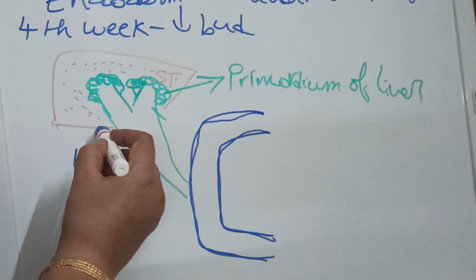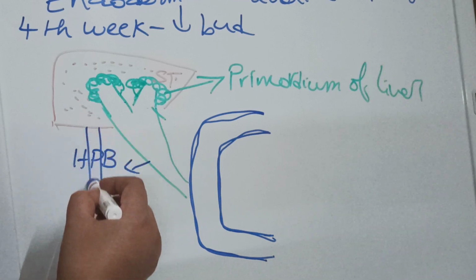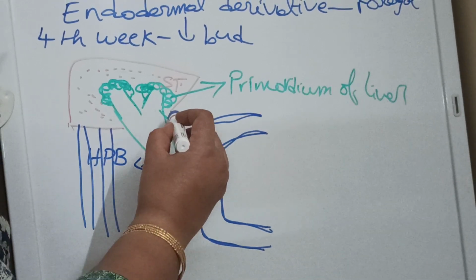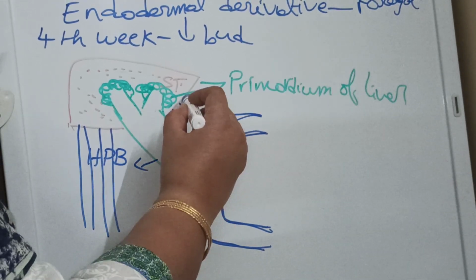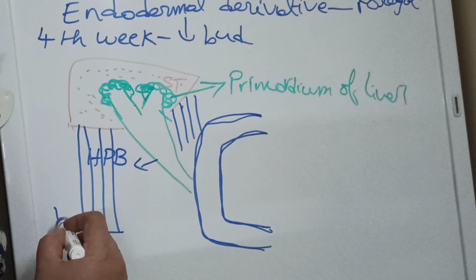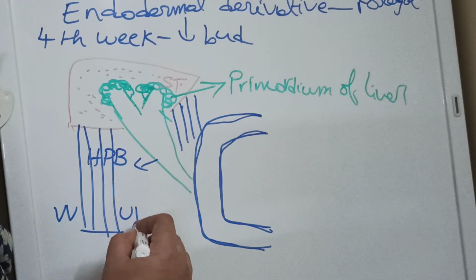Then if you remember the visceral veins which pass through the septum transversum to reach the sinus venosus. So these are the visceral veins, vitelline vein and umbilical veins.